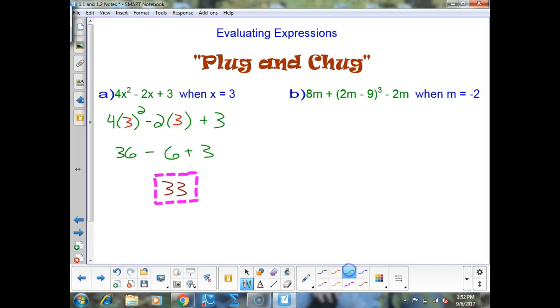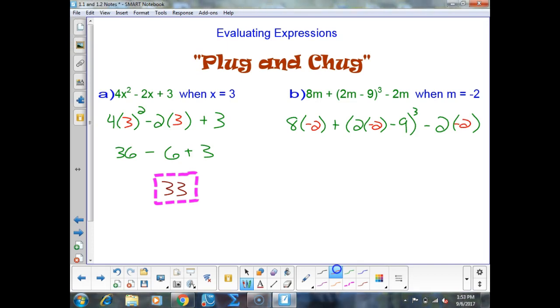When m is negative 2, that's going to be 8 times that plus negative 2, negative 2, and negative 2. So that's going to be here. That's going to be negative 4 minus 9 is going to be negative 13.